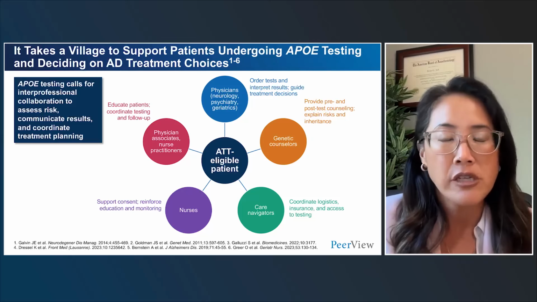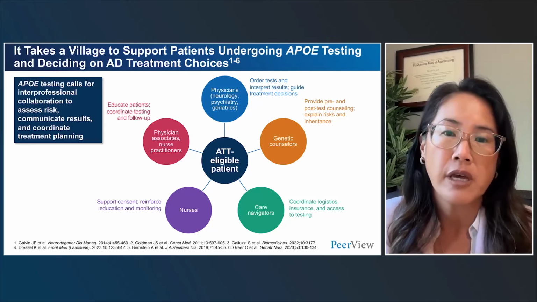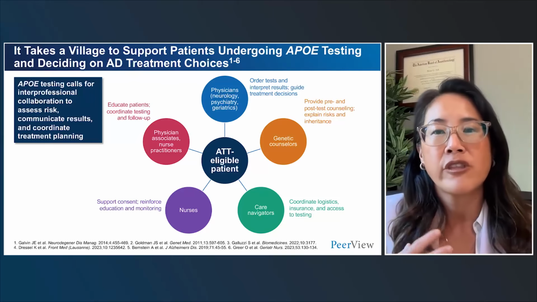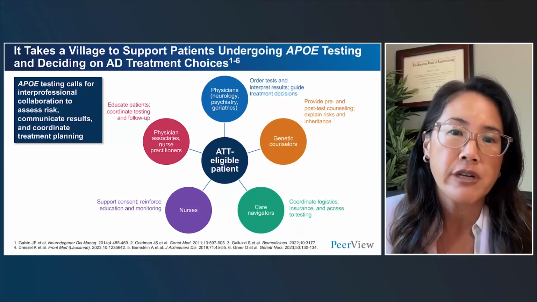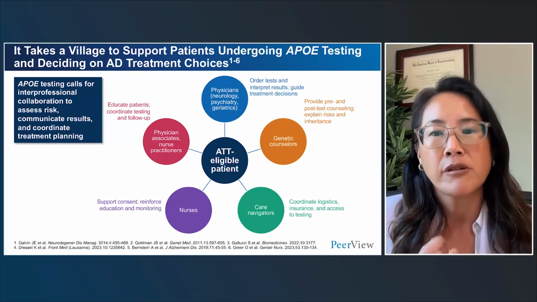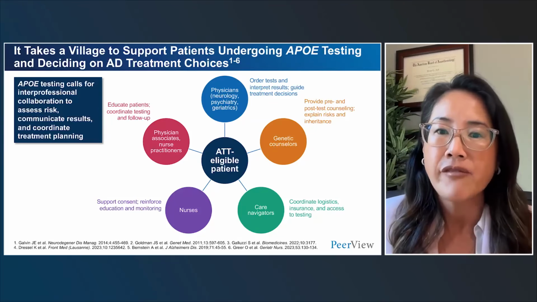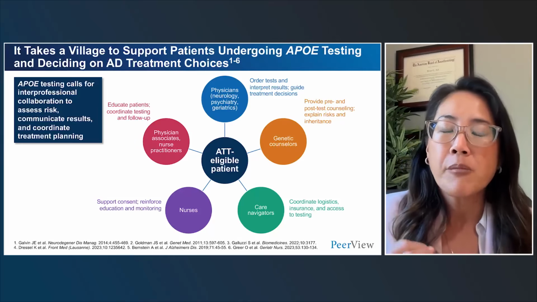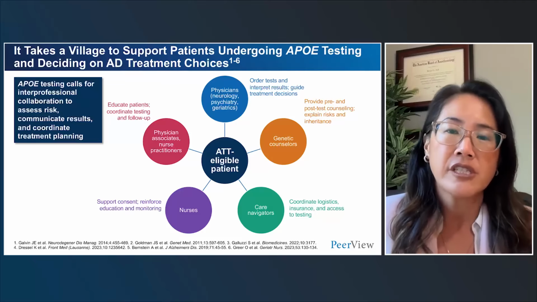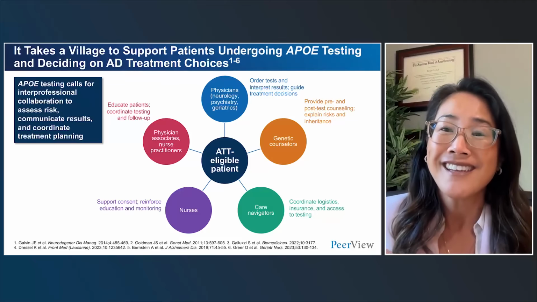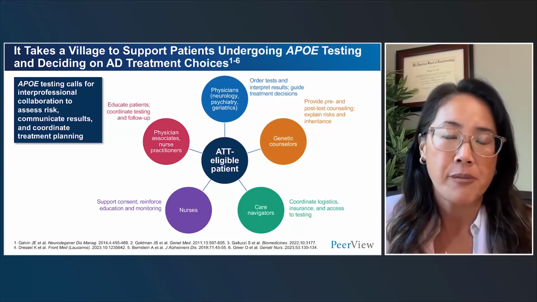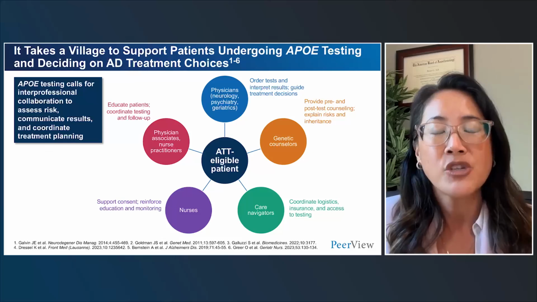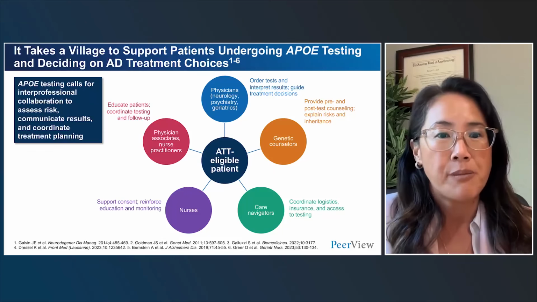We've just talked about genetic counselors as part of that process, particularly if you have access to one. But we have not only the neurologists and advanced care practitioners involved, but also nurses, care navigators if you have them, social workers if you have them, and really including the patient and families in the discussion throughout the process and as we continue with therapies. Because if someone develops ARIA, for example, we want to have continued discussions about risk benefit.